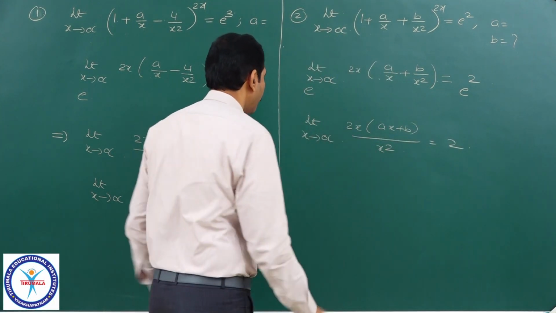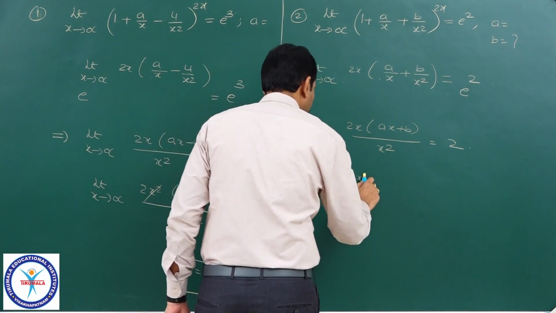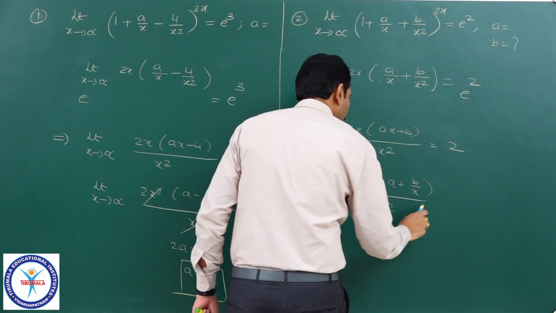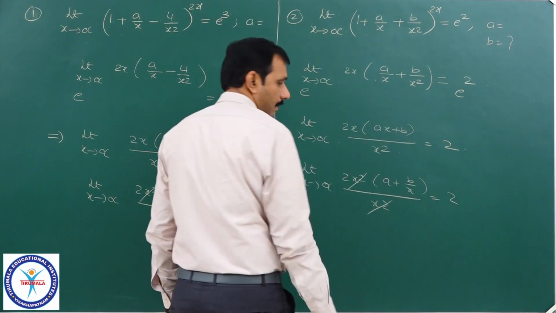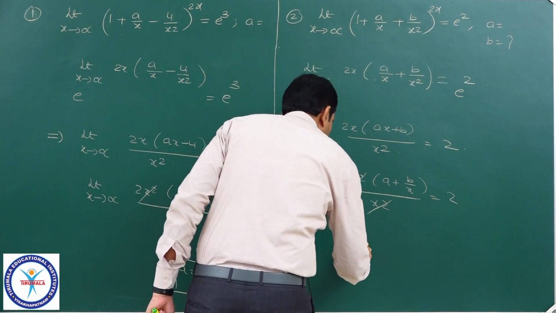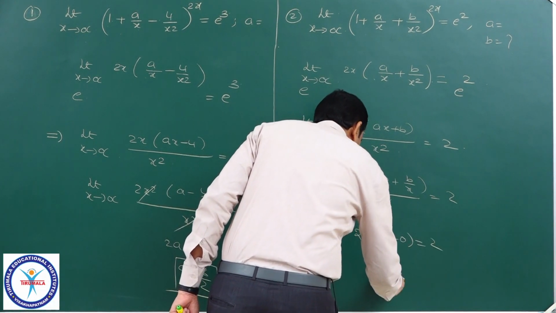Now take x common, limit x tends to infinity 2x square into a plus b by x square is equal to 2, this x square cancels. Now you see here, as x tends to infinity, 2 times a plus 0 is equal to 2, therefore a equals 1.